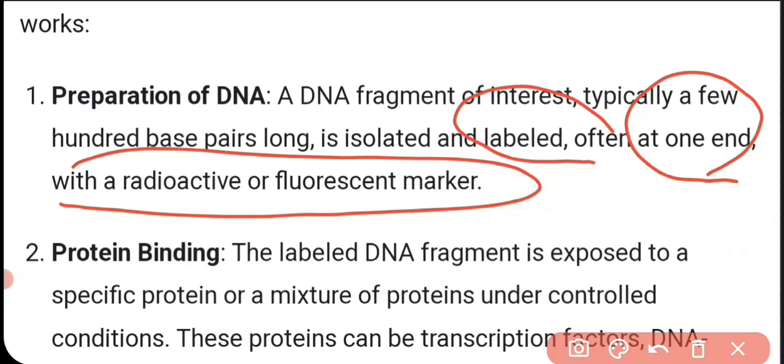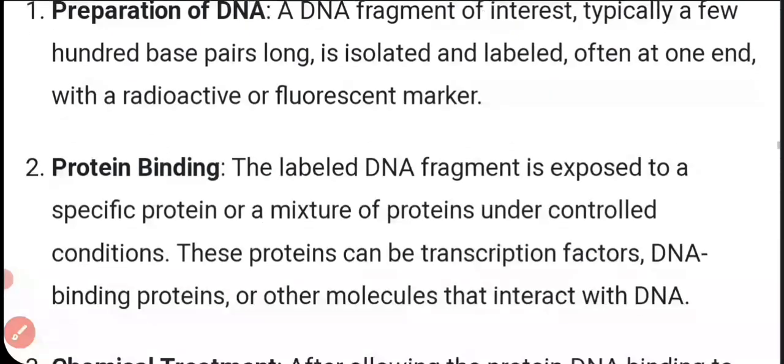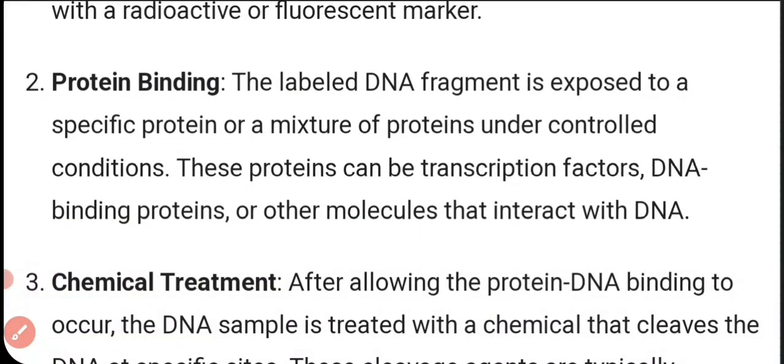Then protein binding. The labeled DNA fragment is exposed to specific proteins or a mixture of proteins under controlled conditions. These can be transcription factors, DNA binding proteins, or other molecules that interact with DNA.